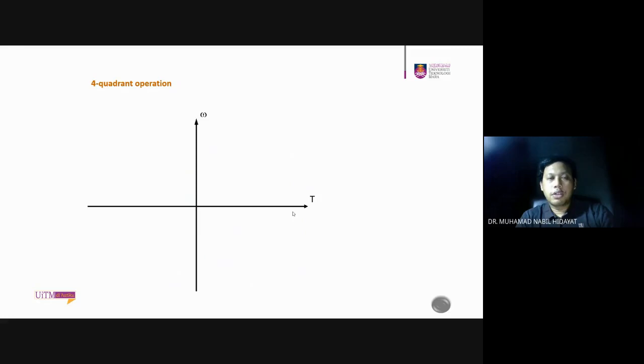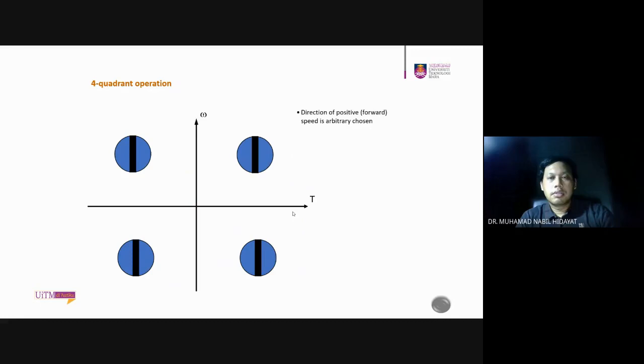So again, for quadrant operation, usually we choose the positive direction. The direction of speed is arbitrarily chosen, either clockwise or anti-clockwise. In this case, the direction of positive torque will produce the positive forward speed. Here, anti-clockwise is positive.